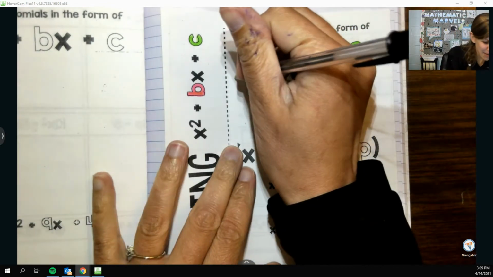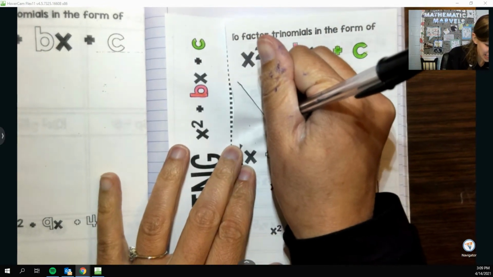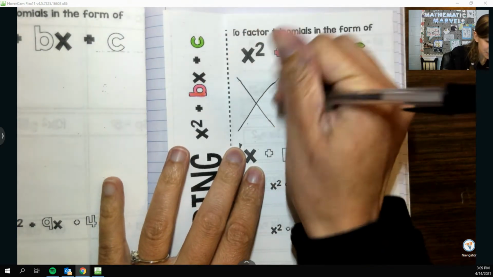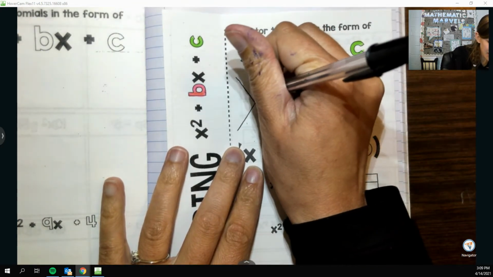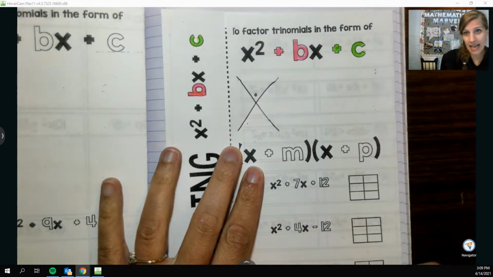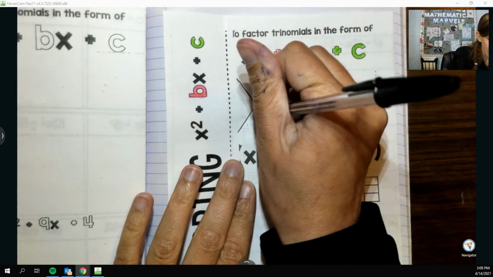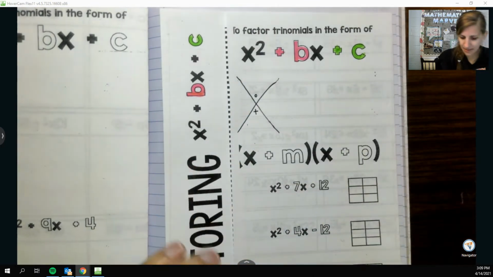then you're going to set up an X puzzle like we've been doing the past few weeks, where I'm thinking about what multiplies to the top number and at the same time adds to the bottom number.